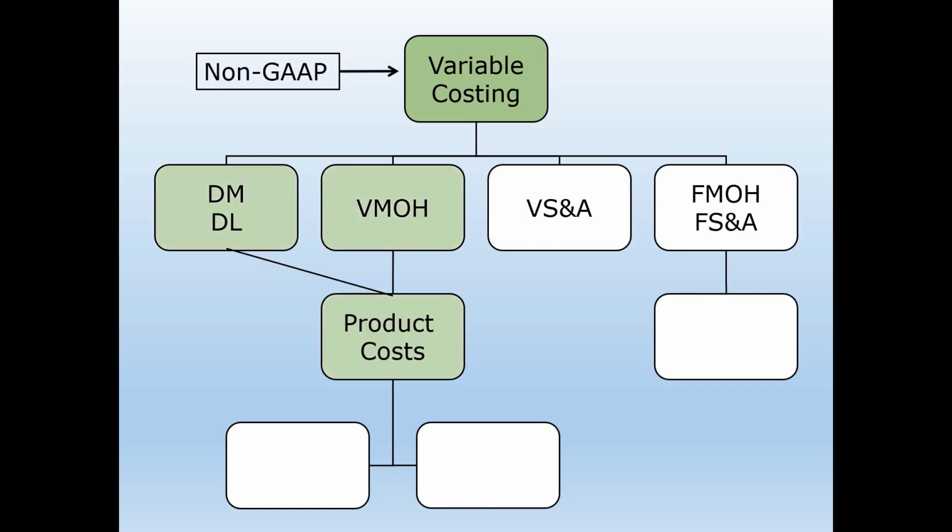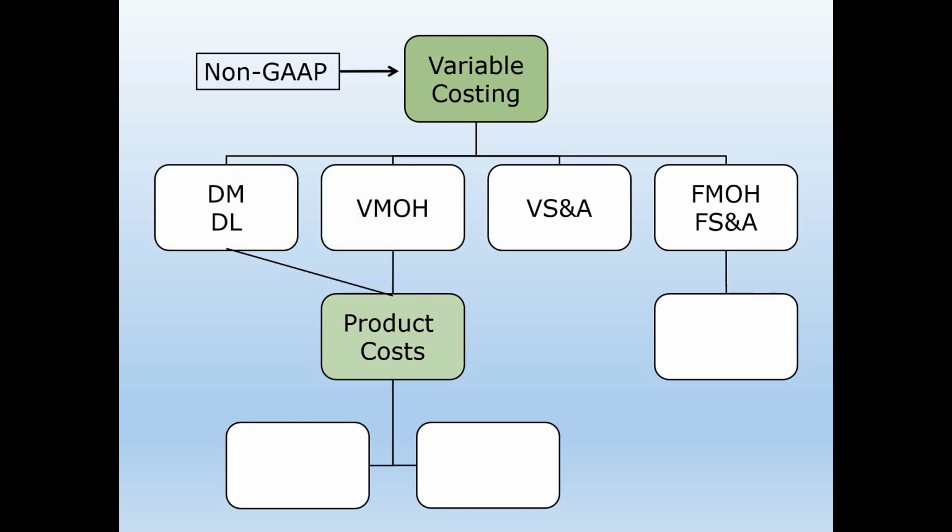In this scenario, fixed manufacturing overhead is not treated as a product cost. Instead, it's treated as a period cost, the way that we treat fixed selling and administrative costs. That means that the only product costs are direct materials, direct labor, and variable manufacturing overhead.